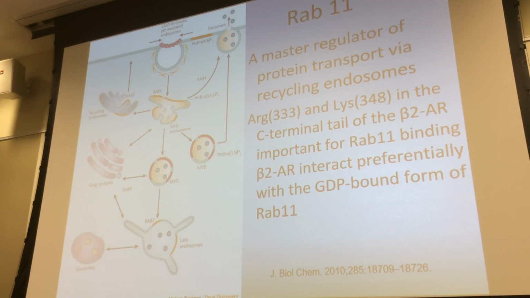Now, if we want to regulate recycling of our endosomes, we have some signals here that are important for binding another RAB called RAB11. And these are the slow recycling. So these are the ones that are likely to be continuing to signal through the beta-arrestins that are going to be on their surface.